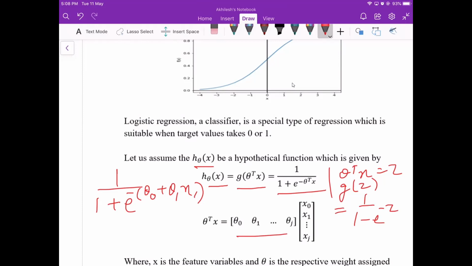So theta, with all the coefficients theta naught, theta 1 and theta j, is in vector form, a column vector, and x is also a vector. When we take theta transpose, it becomes a row vector. This is the interpretation of theta transpose x in the matrix format.